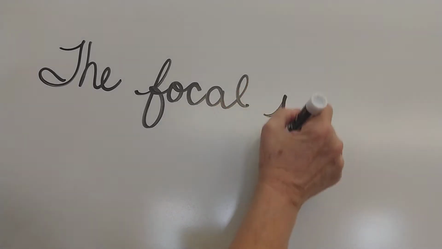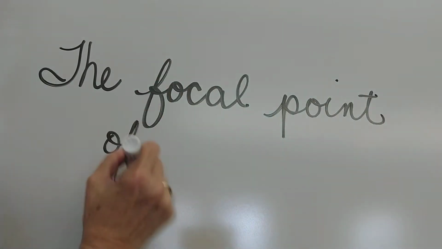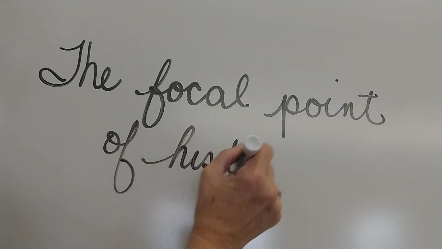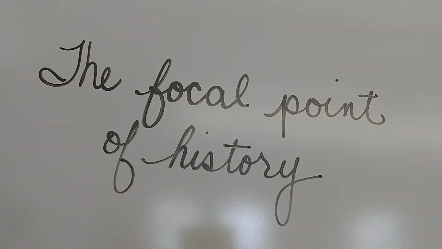Sorry, guys. Here you go. The focal point of history. He is the most important thing, and his coming to earth and dying for us is the focus of all history. So write that in the box, right underneath the cross that's there on your timeline.